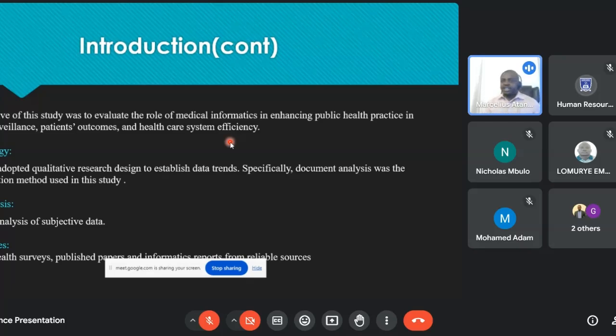Healthcare efficiency. This includes monitoring, alerting, record keeping, sharing of information, and so on.